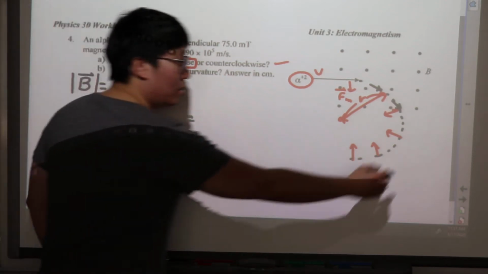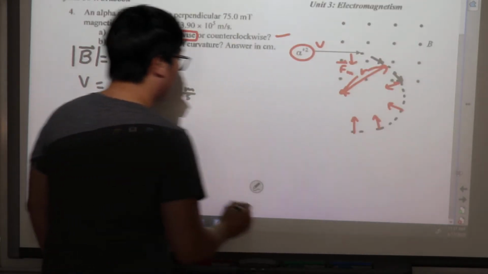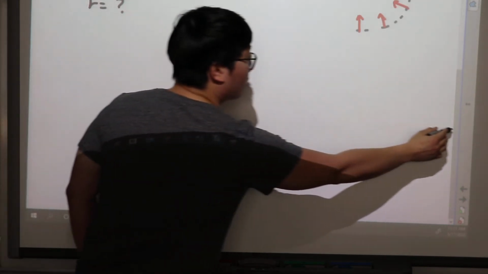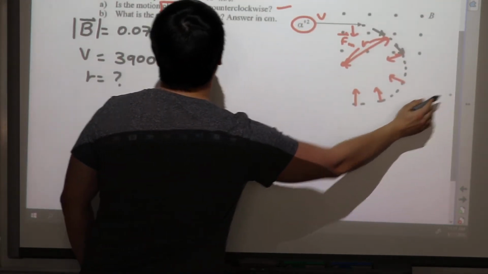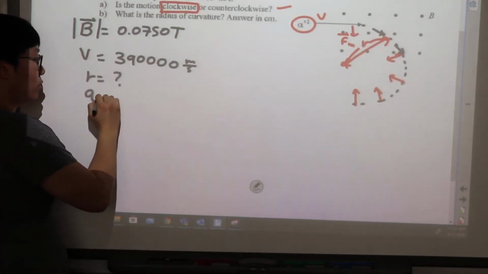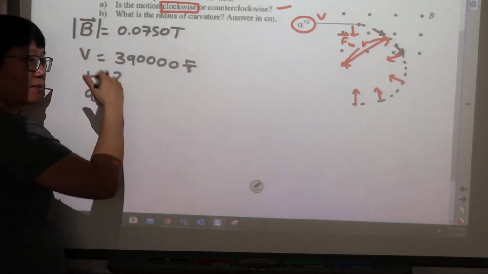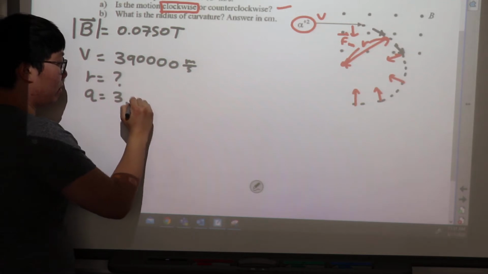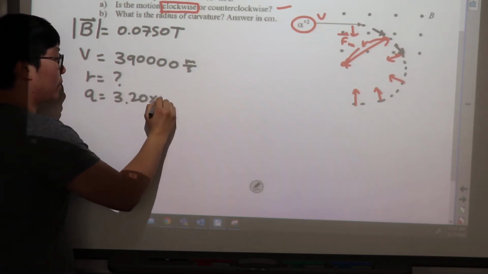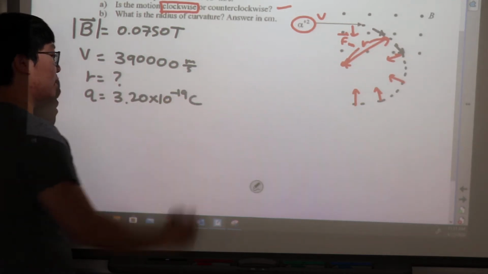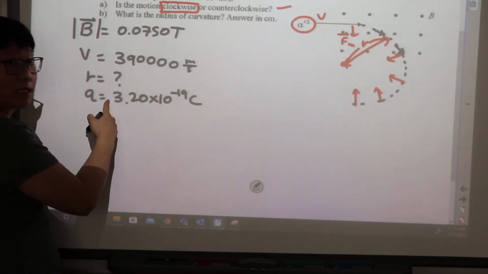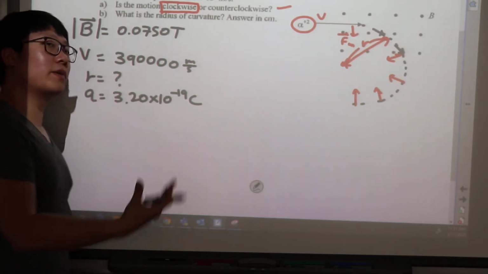In fact, we know two other clues. For instance, we know Q is 1.60 times 10 to the power of negative 19, but doubled, so 3.20 times 10 to the power of negative 19 C. In fact, it is positive, but who cares about the direction right now?